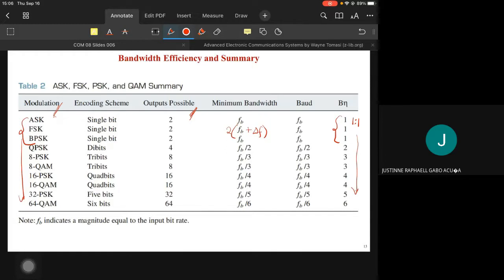Whereas, for example, 8 PSK and 8 QAM have an efficiency of 3, because for every symbol, 3 bits are encoded. Meaning for 64 QAM, each symbol carries 6 bits. 6 bits, 1 symbol.